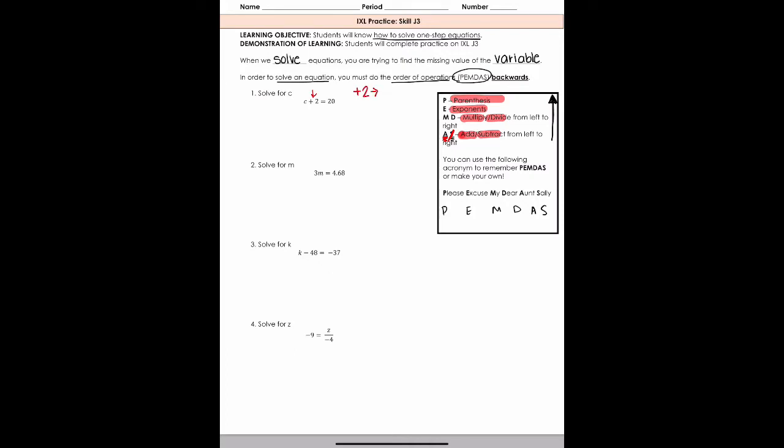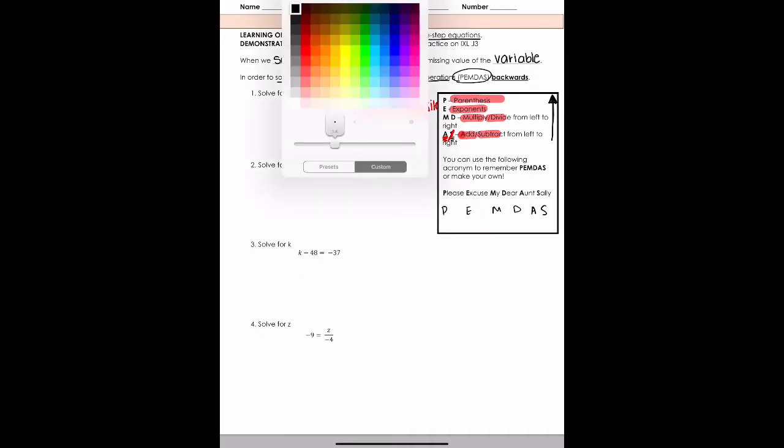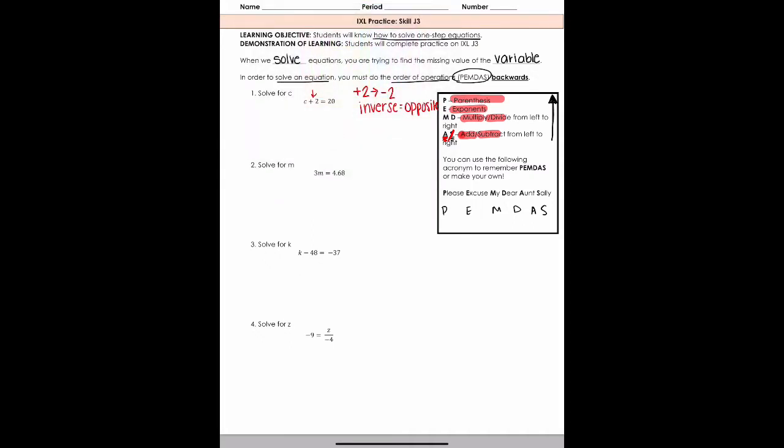This is called the inverse. Inverse means the opposite. So the opposite of plus 2 is minus 2. So on both sides of my equation, I'm going to subtract 2 from both sides.